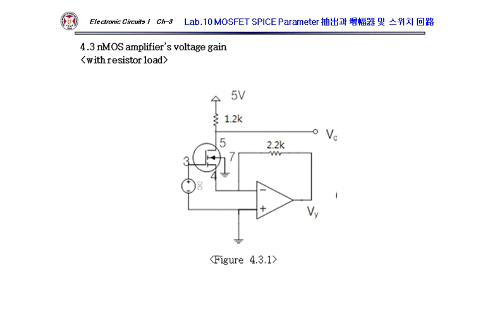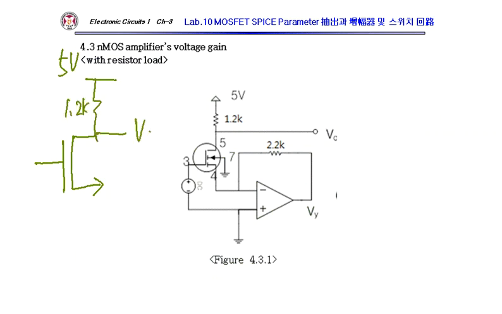How can I calculate the gain? Here, my circuit looks like that. This is an N-channel MOSFET, 5 volt, and then 1.2K here. This is my VO. This is my VI. So I can assume this is ground. This is ID.